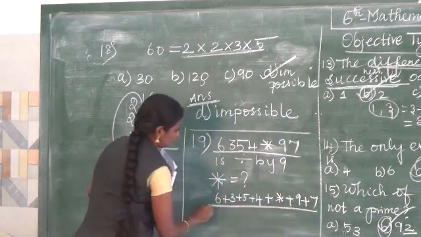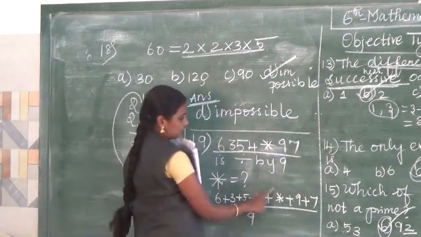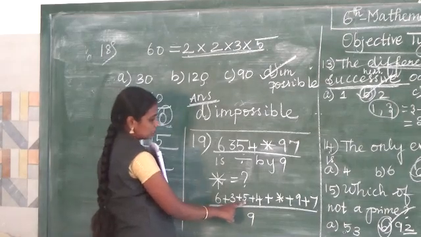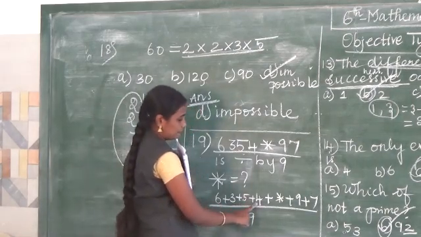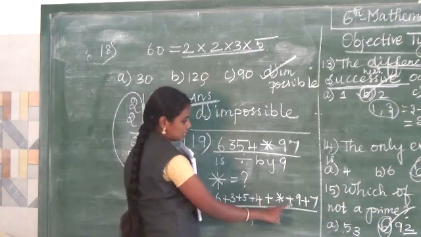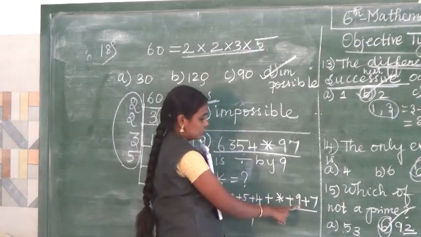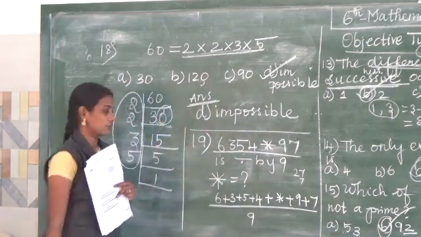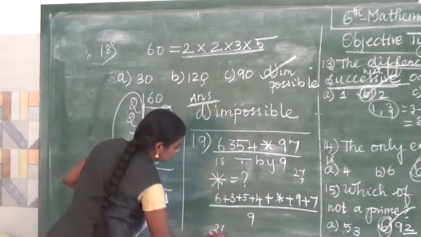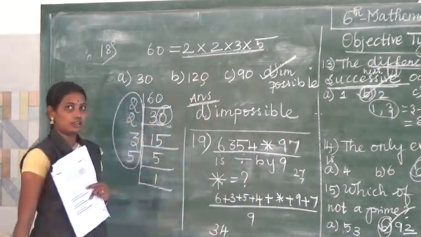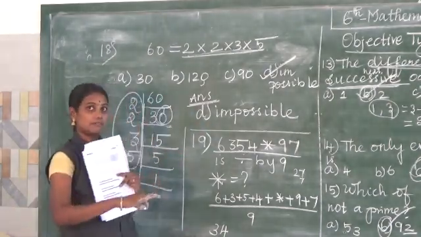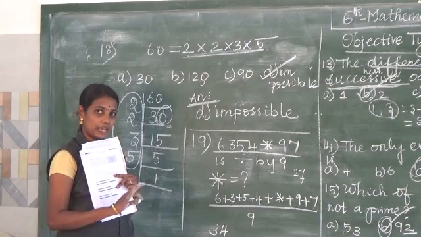Leave the star. 6 plus 3 is 9, 9 plus 5 is 14, 14 plus 4 is 18, 18 plus 9 is 27, 27 plus 7 is 34. The number is given as divisible by 9.